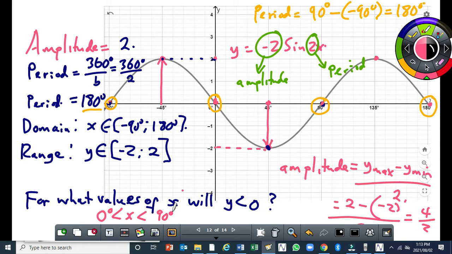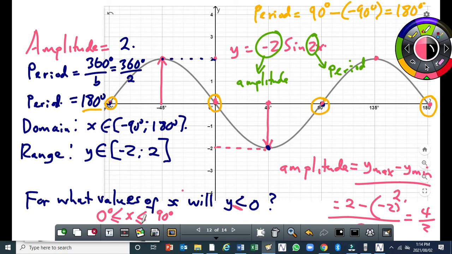You know what this means. y is less than 0 means the 0 is not included. You did inequalities last year and this year. If I put an equal sign here, then you would also put an equal sign there. That means less than or equal.